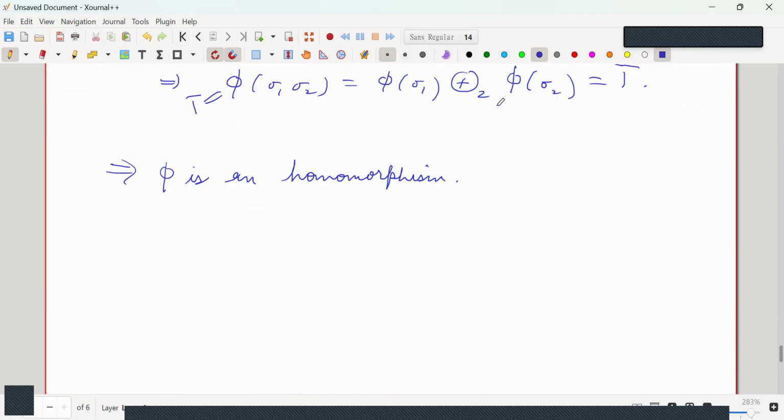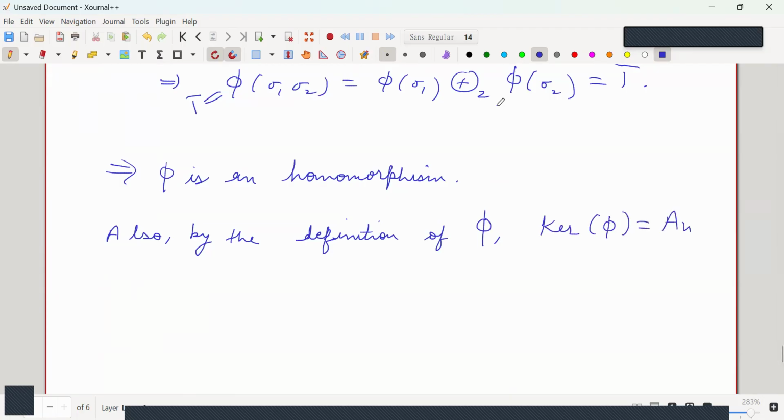Also, by the definition of phi, the kernel of phi is the same as An, right?